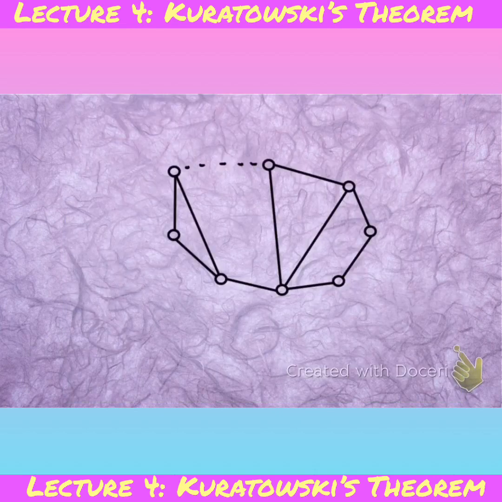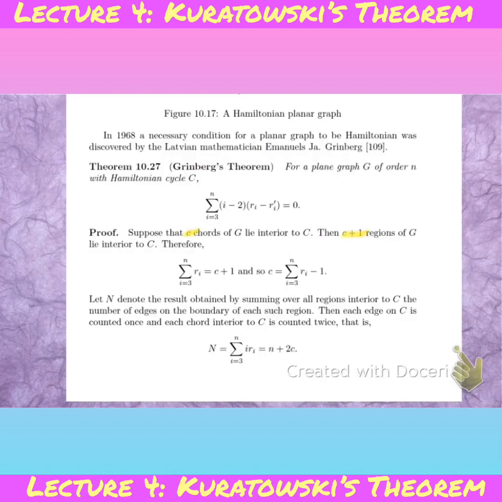If you have your Hamiltonian cycle there and you have your chords, those chords always partition the interior of the cycle. If there are C such chords, you're going to have C plus 1 regions. So there's just a nice illustration. There you've got 3 chords, and they partition that whole cycle into C plus 1, which in this case is 4 regions.